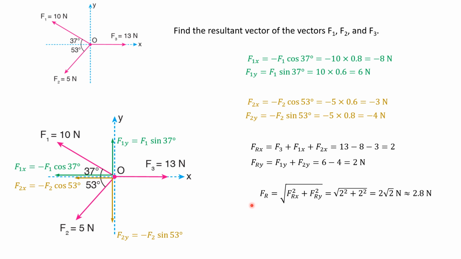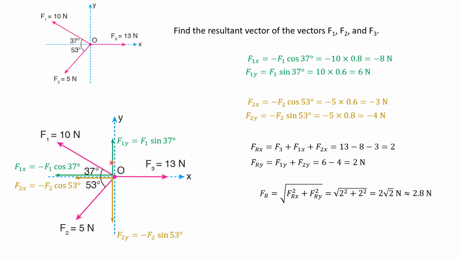So the magnitude of this resultant vector will be just the squares of its components added together and square rooted. So it's 2 squared plus 2 squared, or 8, which works out to be 2 times root 2 newtons, or 2.8 newtons. Now, we know the x component is 2 newtons and the y component is 2 newtons, right?